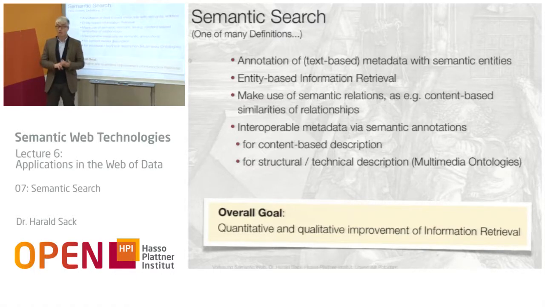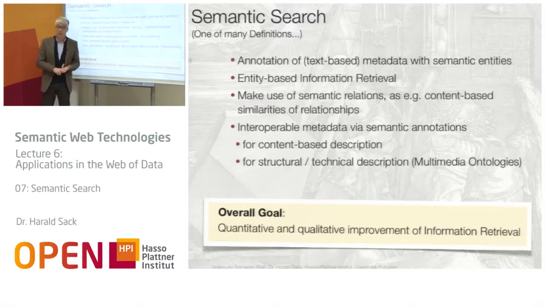So the overall goal of semantic search within our purpose is to improve the quality and the quantity, so a quantitative and a qualitative improvement of information retrieval. It means more complete and more precise results. We want to increase first the recall, and we want to increase the precision.